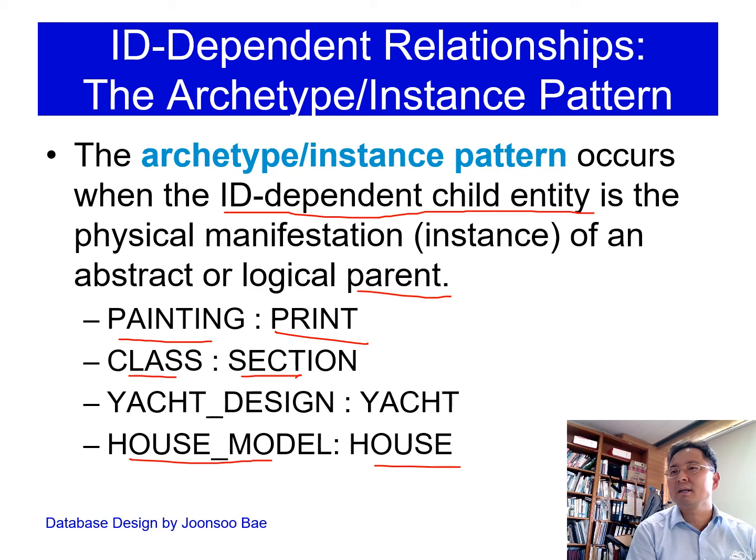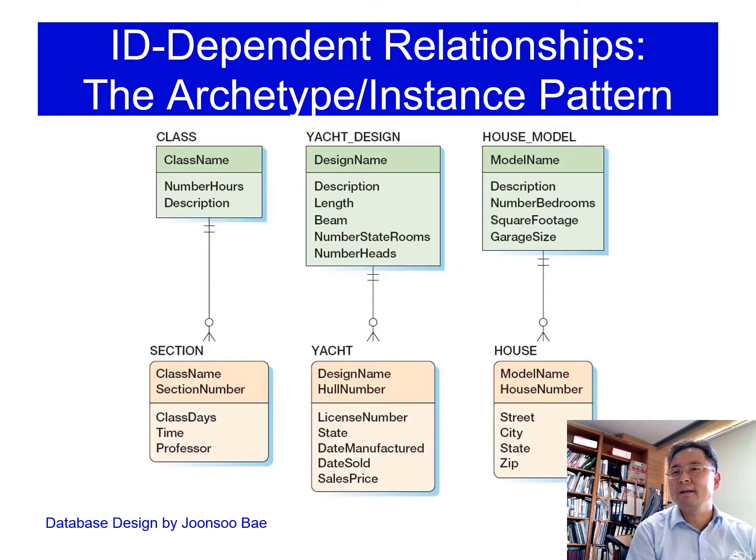They are all archetype and instance patterns, so they are all identifying relationships. Here this is a solid line, solid line, solid line. That means an identifying relationship because class name is included here. So section is an ID dependent entity, and the yacht is also an ID dependent entity. House is an ID dependent entity.